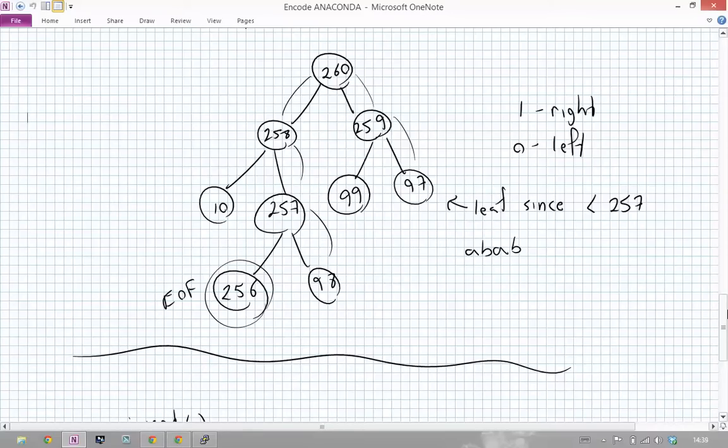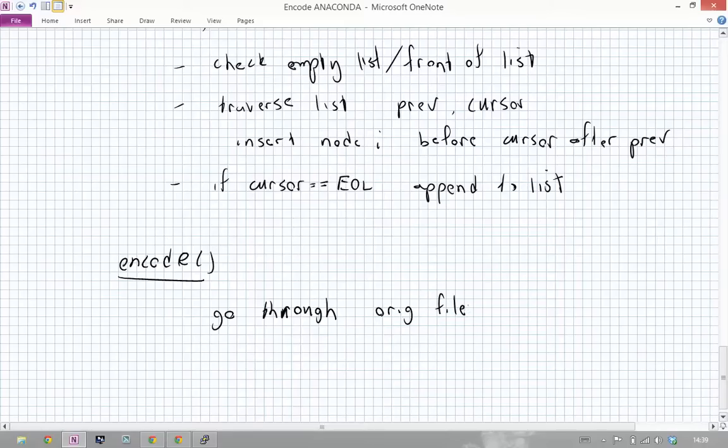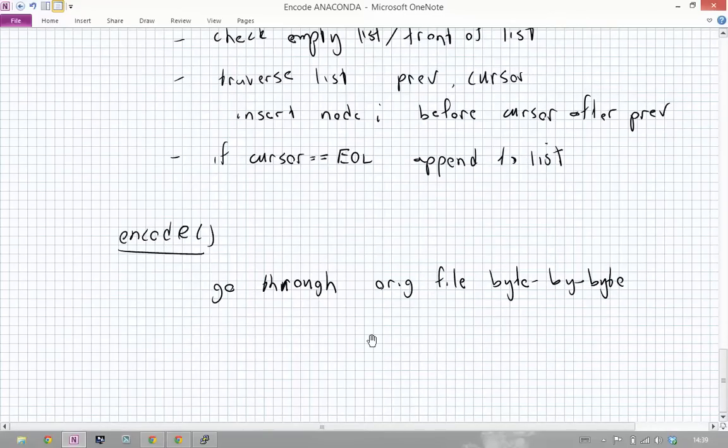So let's talk about that for a second. We go through the original byte by byte, and each byte gives a leaf node.